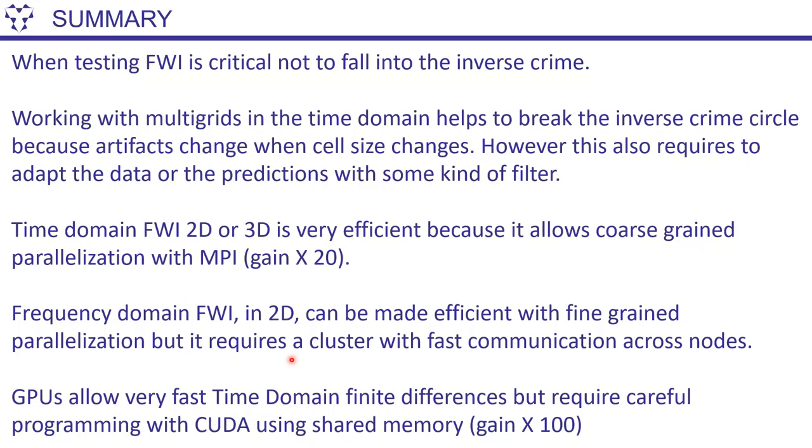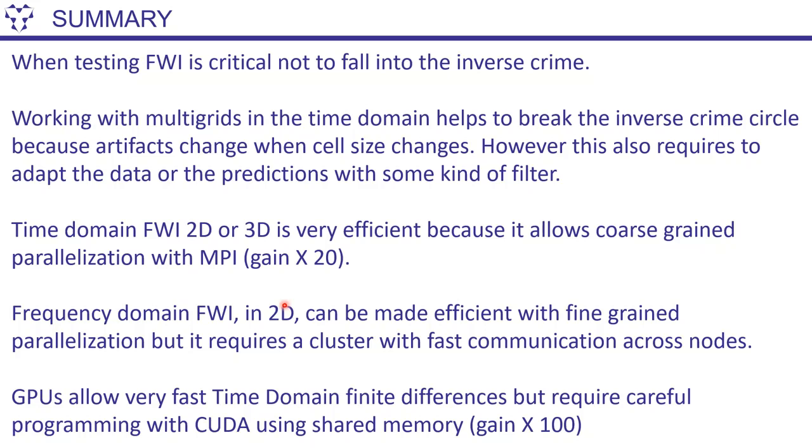However, this also requires some kind of adaptation between predictions and input data. The time domain FWI is very efficient in either 2D or 3D because it permits coarse-grain parallelization. So even in a small cluster, you can get gains on the order of 20 times.